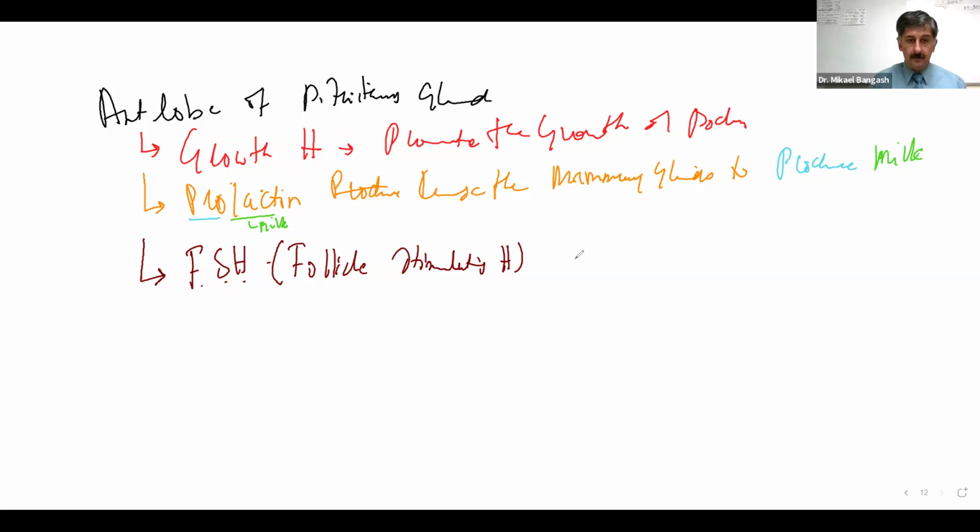There's another hormone referred to as LH, which stands for the luteinizing hormone. These are primarily produced by the anterior lobe of your, not adrenal, sorry, pituitary gland.